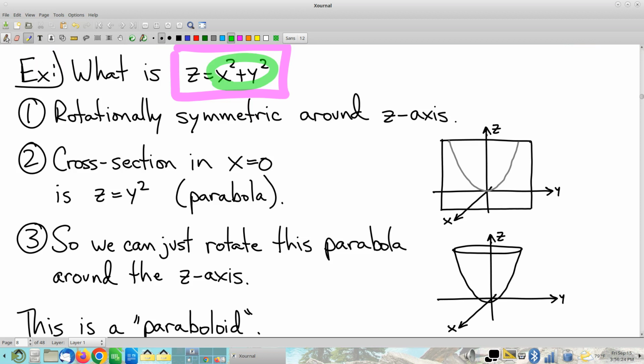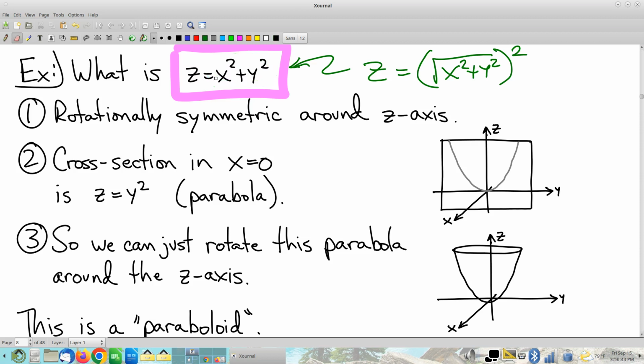Technically, okay, fair, there's a little quibble here. Where's the square root? It does need to be square root of x squared plus y squared. Notice that's easily adjusted because I can just rewrite this as z equals the square root of x squared plus y squared quantity squared. Strictly, I mean, being super careful.